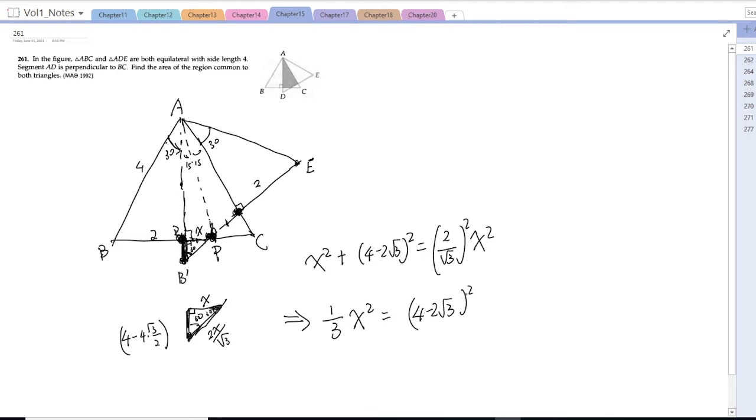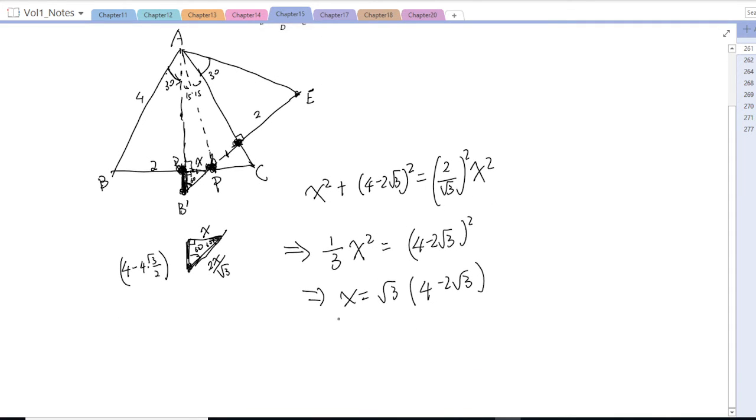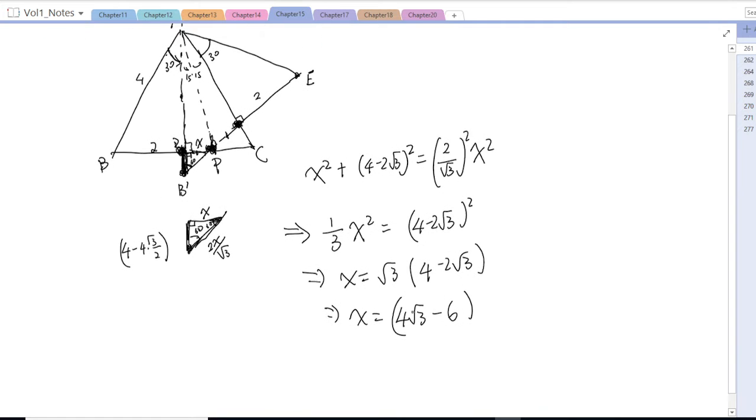So x equals root 3 times 4 minus 2 root 3, which means x equals 4 root 3 minus 6. Now we have solved x.